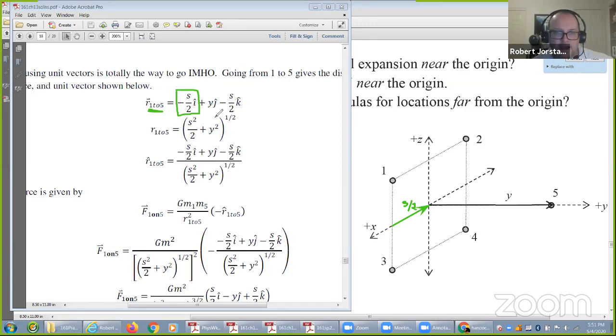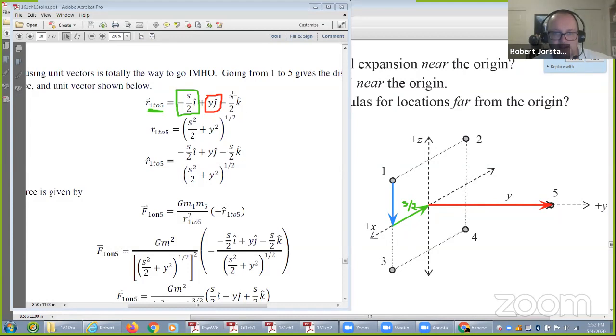Okay. And now it's going y in the j hat, right? That's y in the j hat. And then, oh, we better add in that.